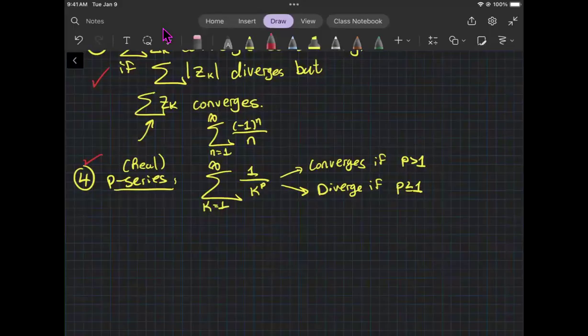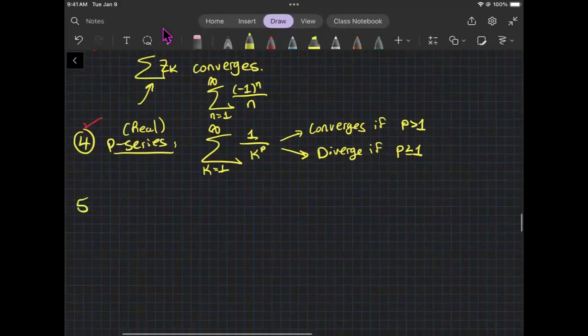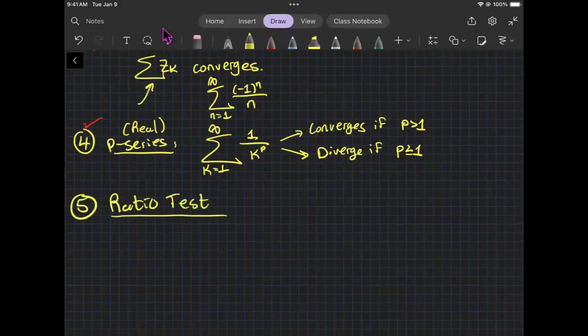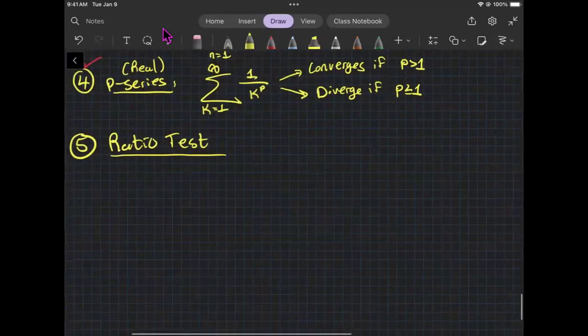And there's going to be two other tests that I want to write down, and it will be similar to what you've seen in calculus 2. And those tests are the ratio test and the root test.